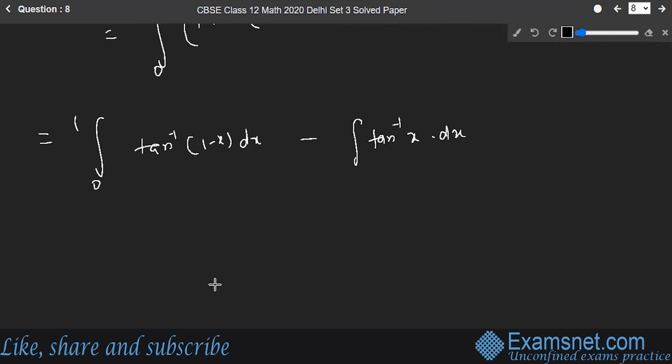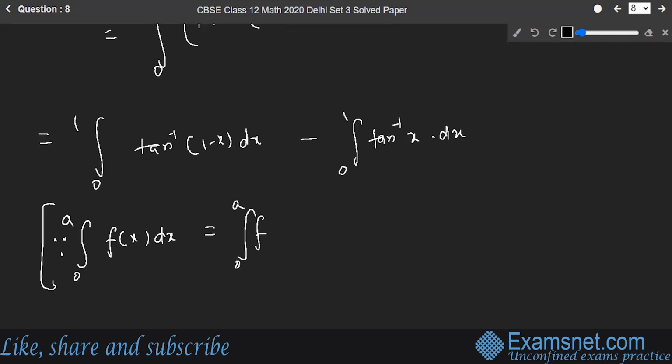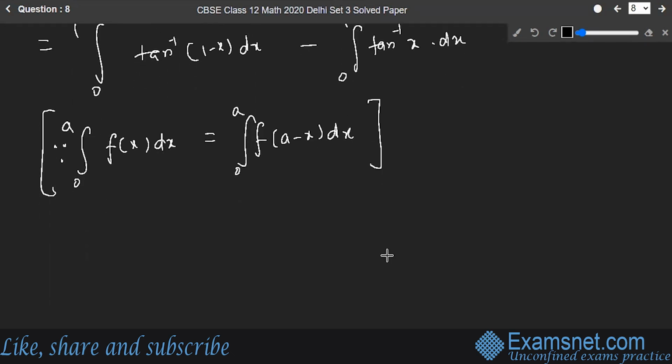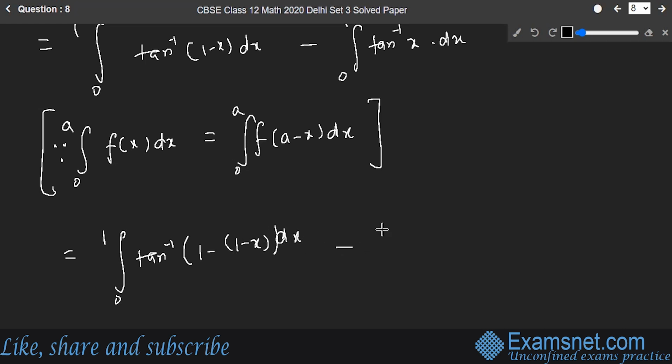Now I'll be using the limit 0 to 1. I have the one formula, that is, the integral from 0 to a of f(x) dx can be written as the integral from 0 to a of f(a minus x) dx. I'm using this. So now it can be written as the integral from 0 to 1 of tangent inverse (1 minus x) dx minus tangent inverse of x.